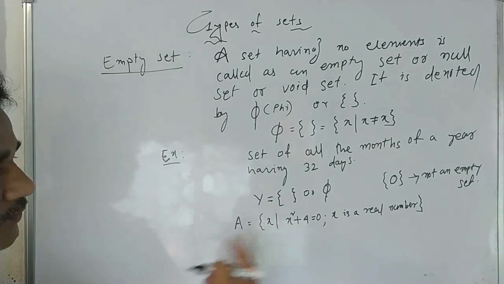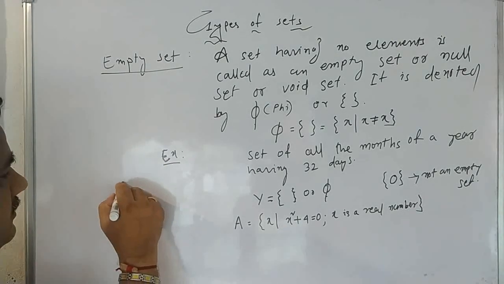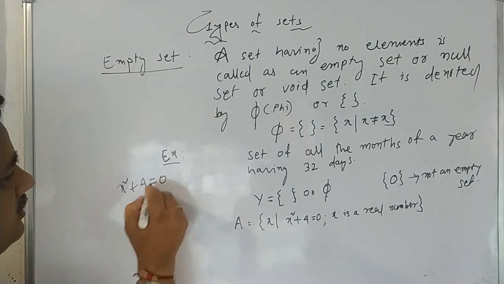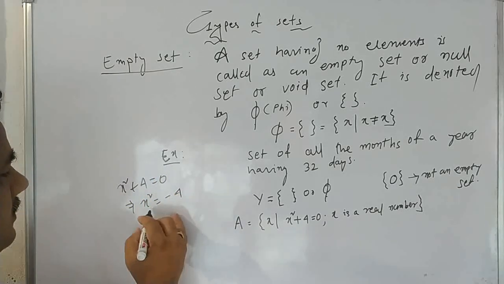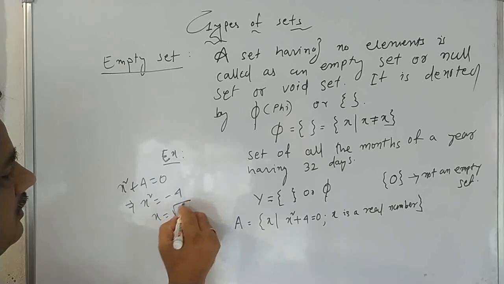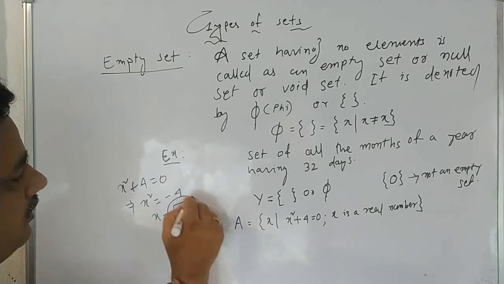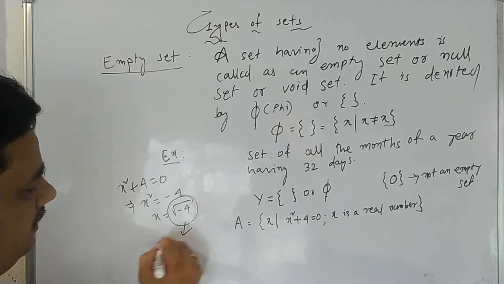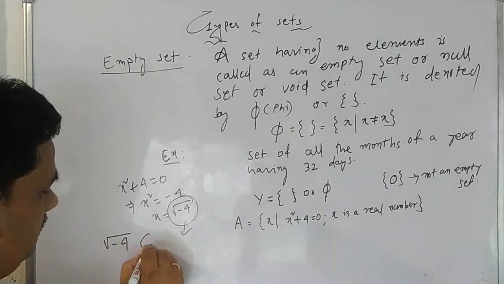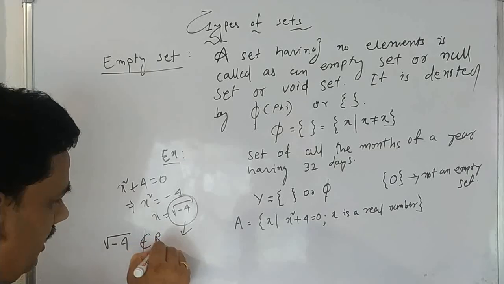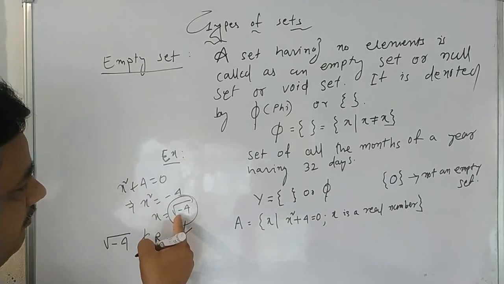Okay, so let us find out this. x square plus 4 is equal to 0. This implies x square is equal to minus 4 and x is equal to square root of minus 4. This does not belong to R. This is not a real number.